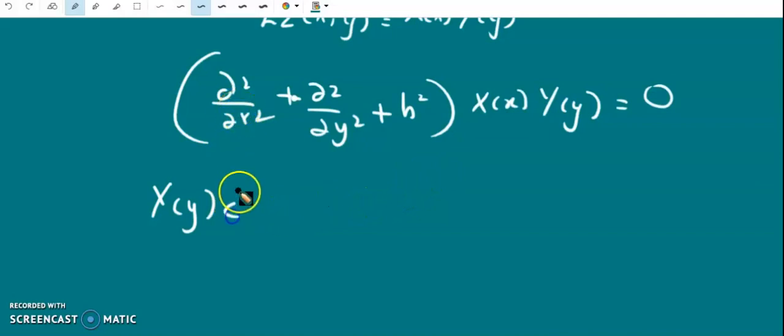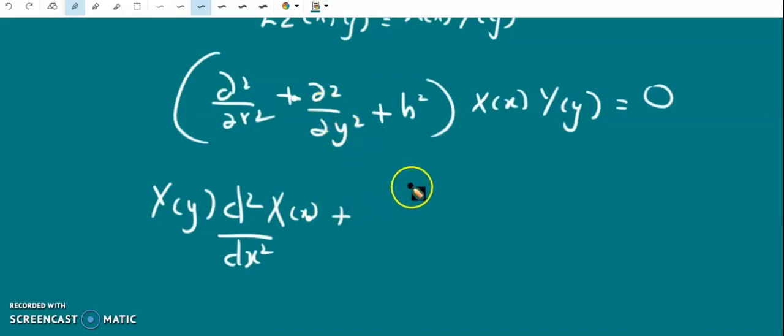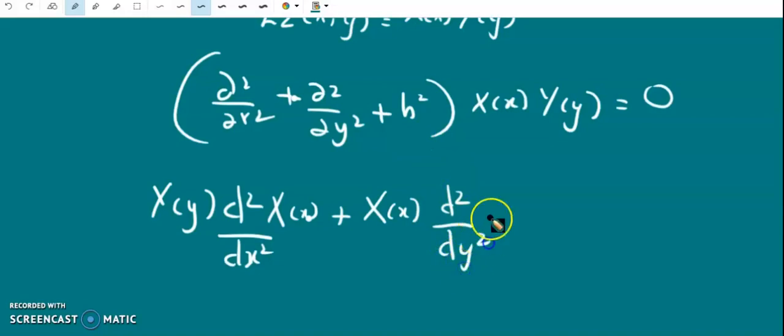So ∂² can be written as d²/dx² of capital X. You can put the argument if needed, small x, as a function of x, plus. Now finding this, we can see that capital X of x is a constant and the derivative is also changed to ordinary derivative since capital Y is a function of small y alone, plus h.